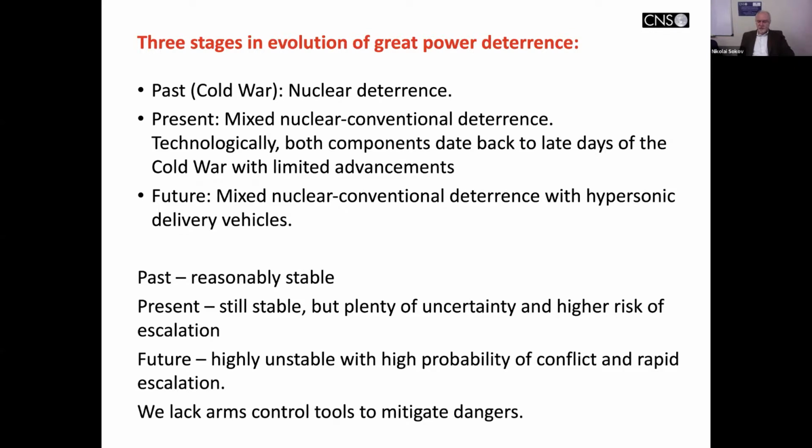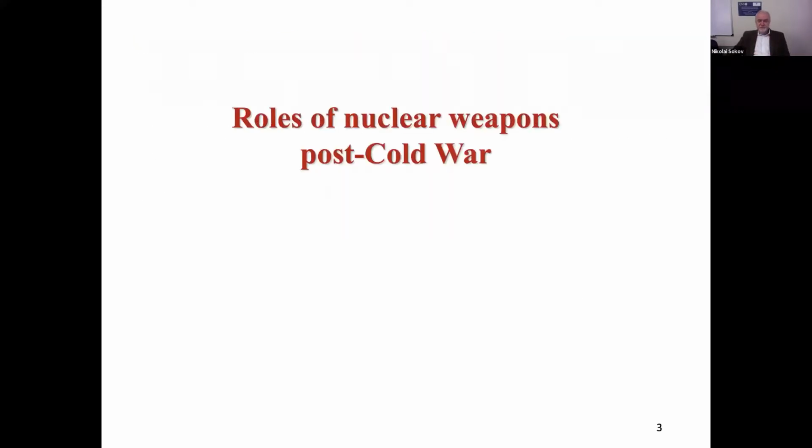We face a whole new generation of weapons with hypersonic speeds, which carry with themselves a very high risk of escalation. So that's the situation in a nutshell. And let's now look at how we'll end it here, what's going to happen.